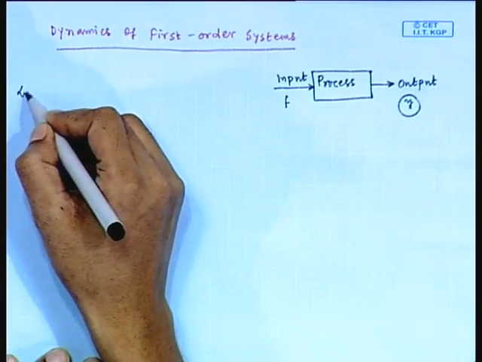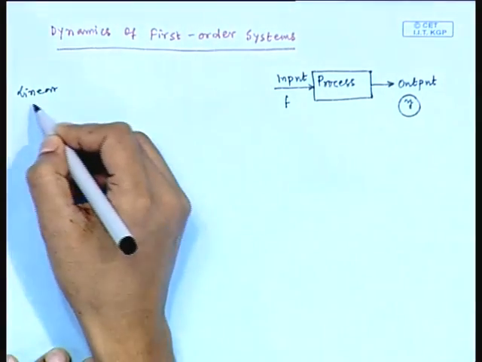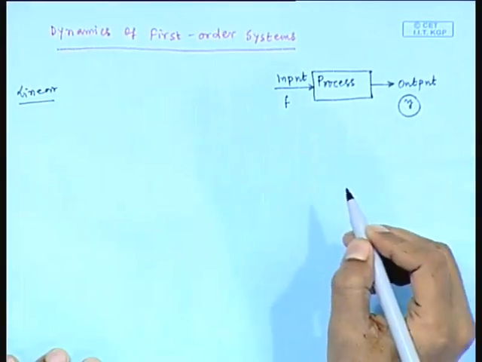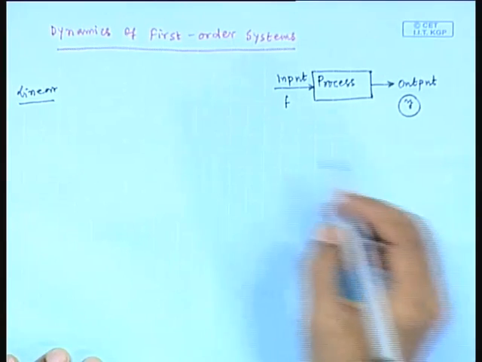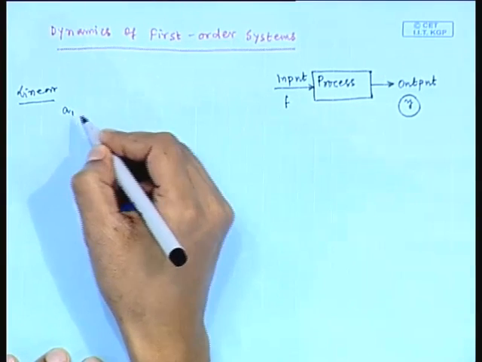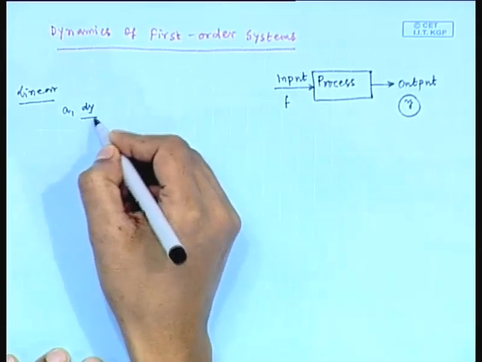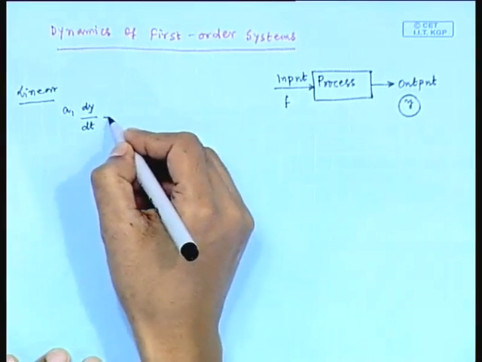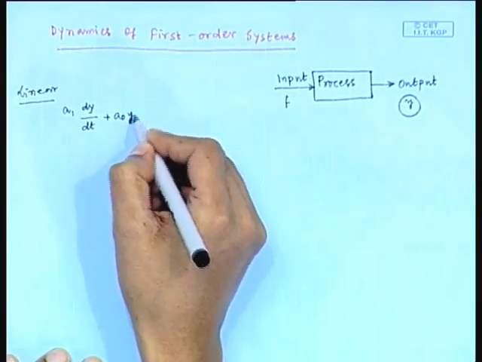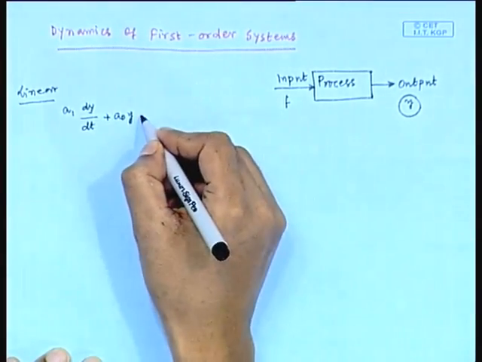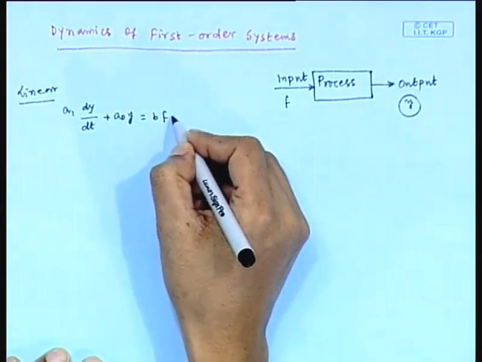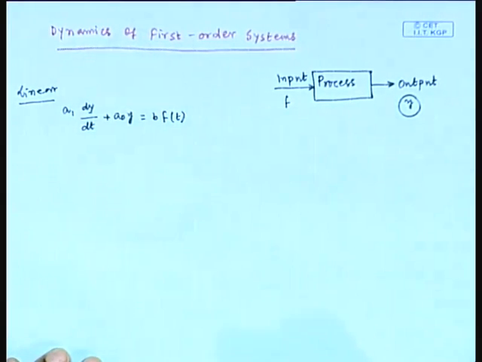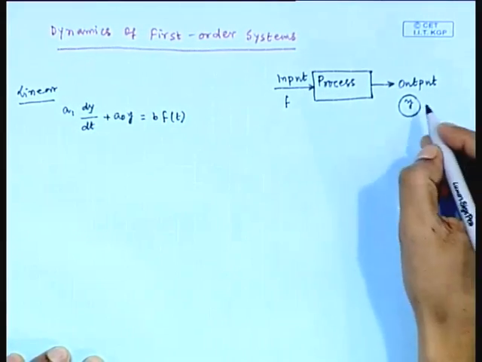So, if we consider the linear case, then the first order differential equation we can write in this form: a1 dy/dt plus a naught y equal to b f(t). Definitely y is also a function of time.